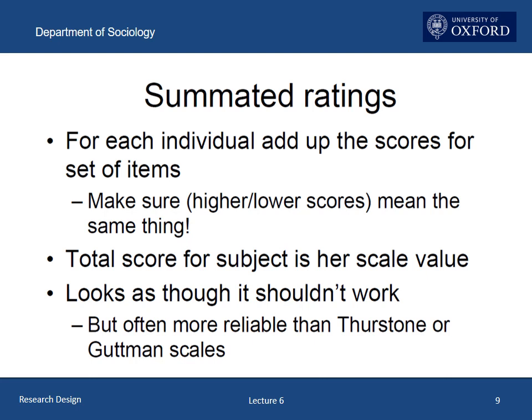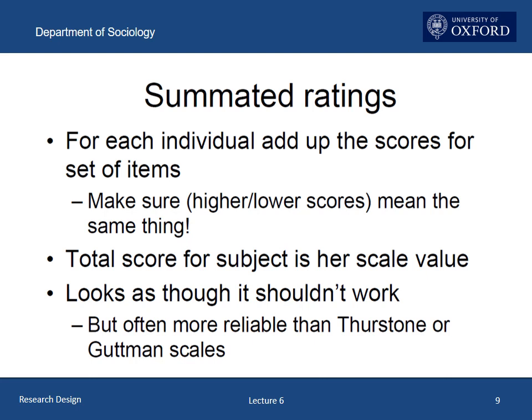One issue that we should take up here, though, is slightly more foundational. This technique looks as though it shouldn't really work. It appears to assume that we can take what is at best a set of ordinal rankings, add them together, and construct an interval level score from them. Logically, this seems, to say the least, a little opaque.